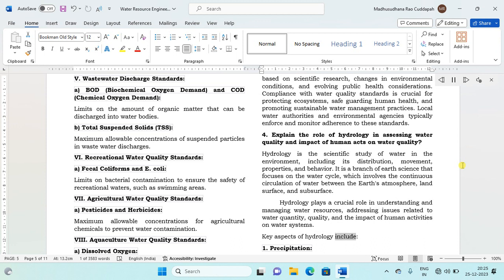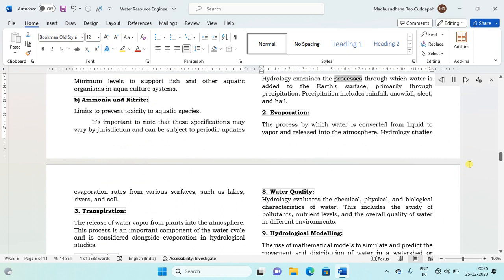Key aspects of hydrology include: 1. Precipitation. Hydrology examines the processes through which water is added to the Earth's surface, primarily through precipitation. Precipitation includes rainfall, snowfall, sleet, and hail. 2. Evaporation. The process by which water is converted from liquid to vapor and released into the atmosphere.